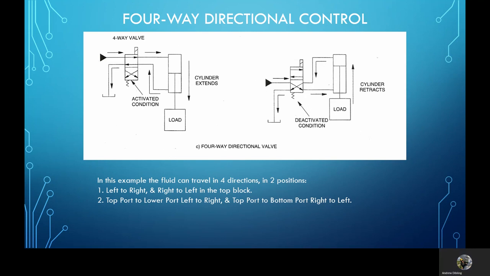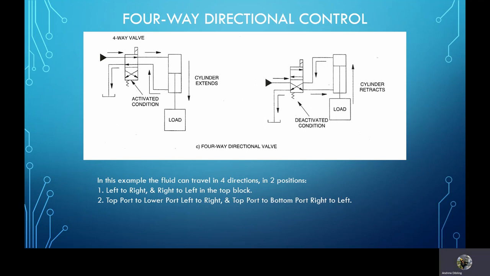In the top left-hand block, I have trouble with my left and my right all the time, by the way, the fluid now in the activated condition, so when the solenoid is triggered, is allowed to flow from the pressure point to the cap end of that cylinder, extending that cylinder down. The fluid on the rod or annular end of that cylinder is allowed to come straight through from right to left and drain back into the tank.